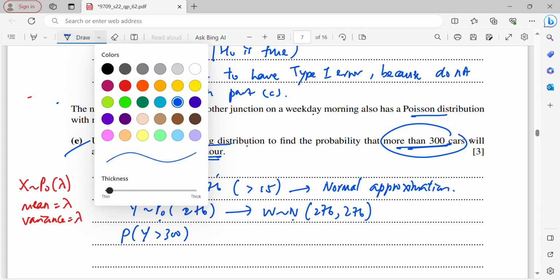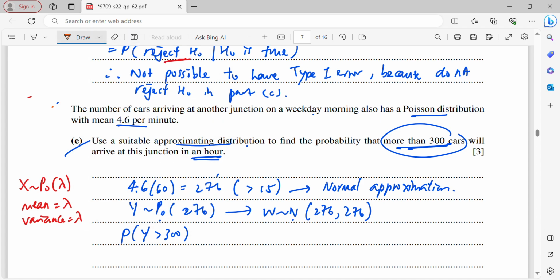So now for your information, if you approximate a discrete random variable to a normal random variable, to a continuous random variable, it's compulsory to carry out the continuity correction, which means you have to decide whether you plus 0.5 or minus 0.5 from the given value, which is 300. So let's say here is 300. So now greater than 300, basically your value starts from 301, then followed by 302 and so on.